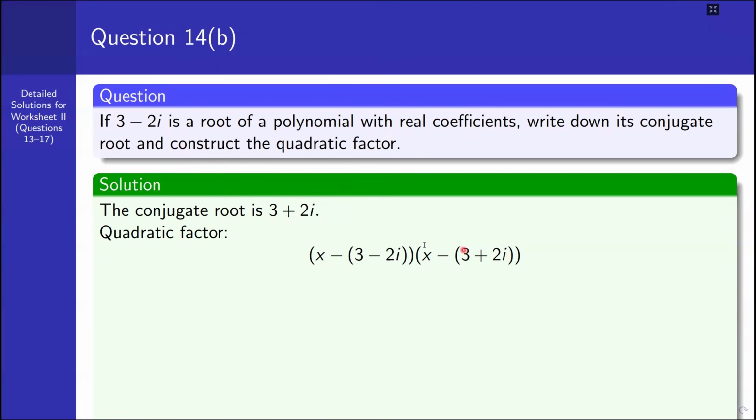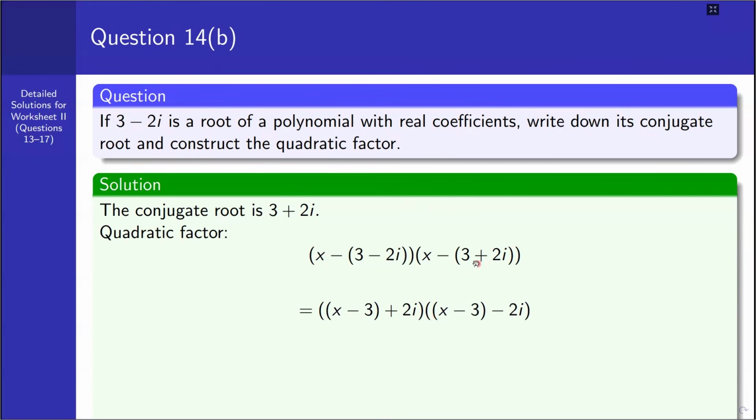the same polynomial function, so that the product of the linear factors of the given polynomial function will be the quadratic factor of the same polynomial function. Therefore, when we multiply these two linear factors, what do we get?